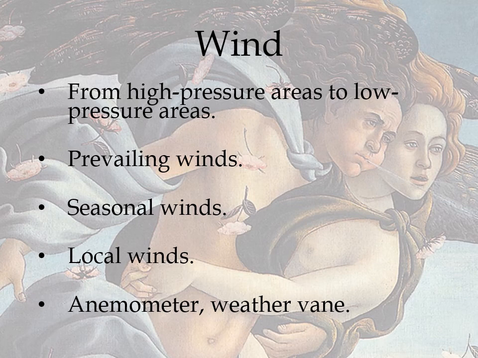So the wind moves from high pressure areas to low pressure areas. There are some prevailing winds that are constant, such as the alisios or trade winds. There are some seasonal winds that depend on the seasons.